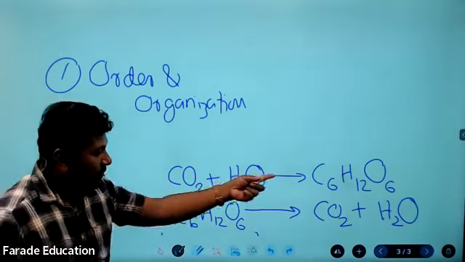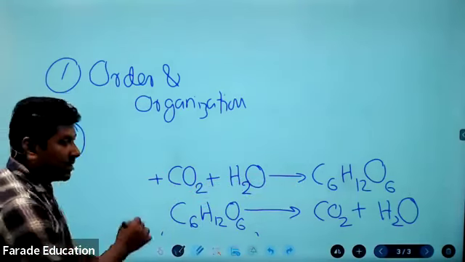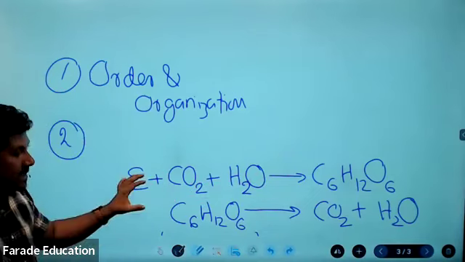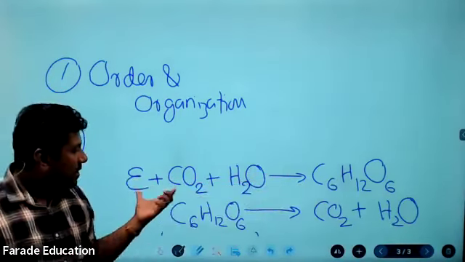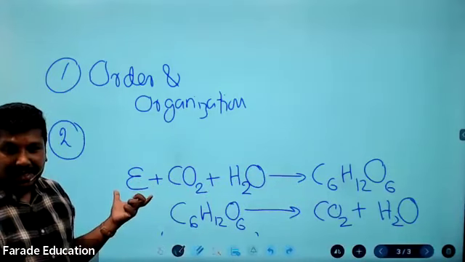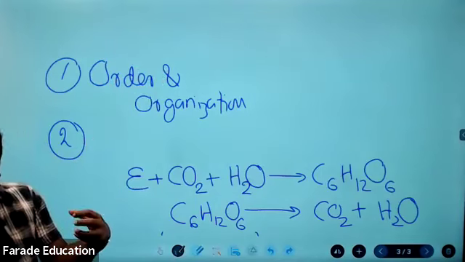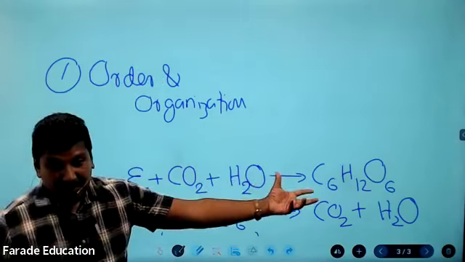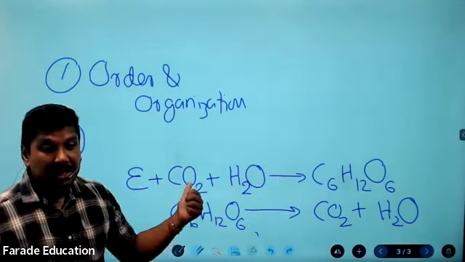For this one, you need what? You need energy. Energy is needed for anabolic reactions. From where do they get energy? From the sunlight. The light energy is used by the plants and they make complex molecules like monosaccharides from simple molecules like carbon dioxide and water.